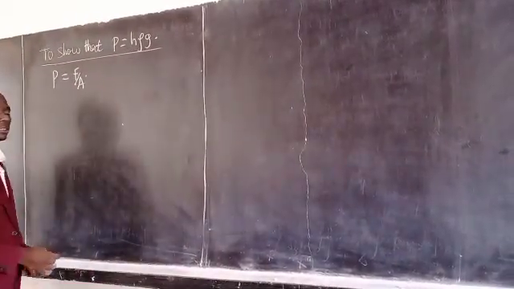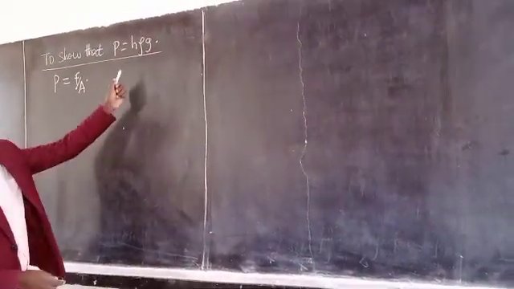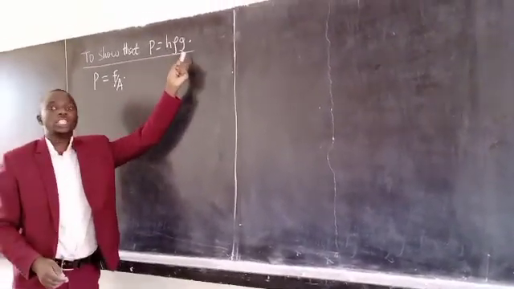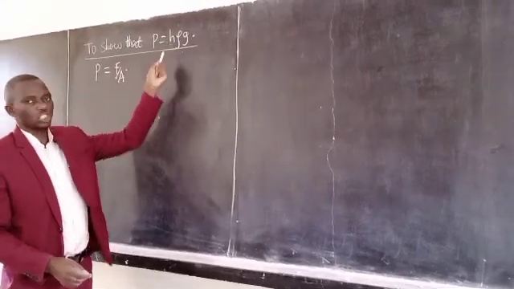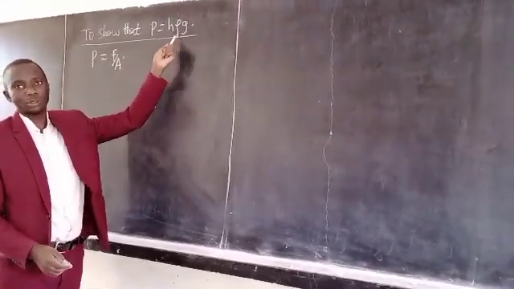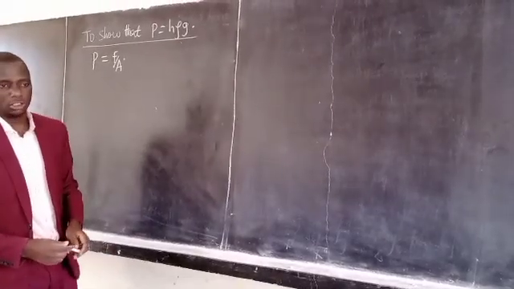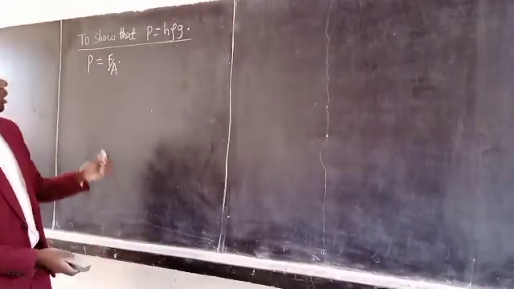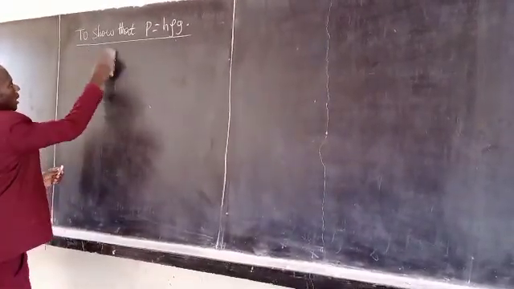Our topic is to show that pressure is equivalent to h rho g, where h is the depth of the liquid, rho is the density, we are used to this, and g is the acceleration due to gravity. That is what we are doing today. Let's go.